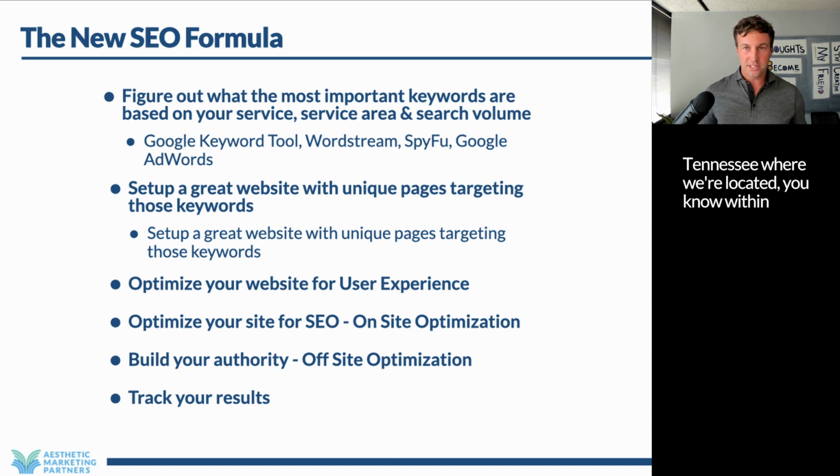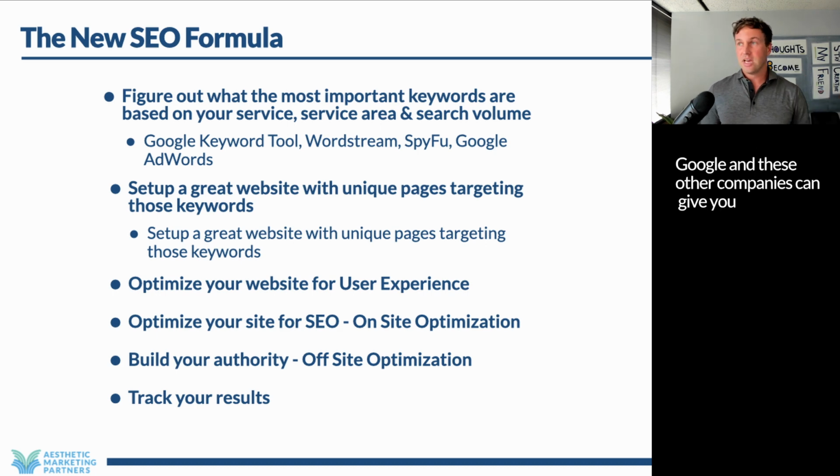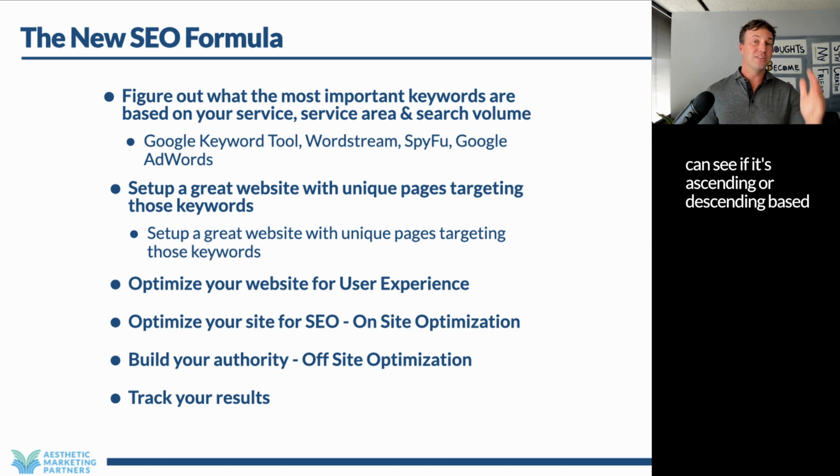So if you're in Chattanooga, Tennessee, where we're located, within 30 miles of here, what's the search volume for someone looking for breast augmentation or mommy makeover? What words are they searching for? And Google and these other companies can give you suggestions based on trending search volume. You can see if it's ascending or descending based on the demand, help you plan for seasonality.